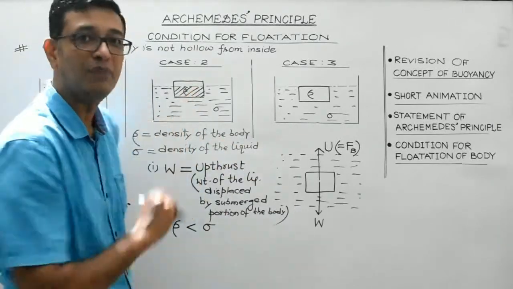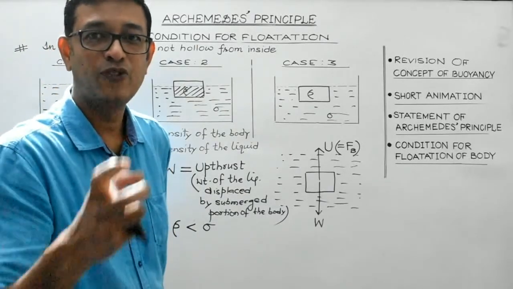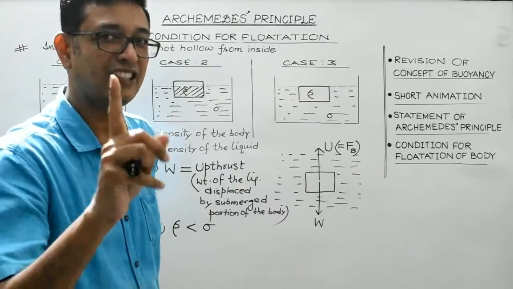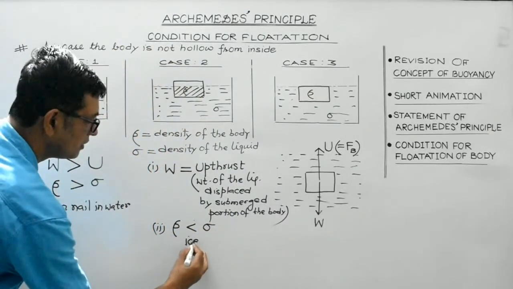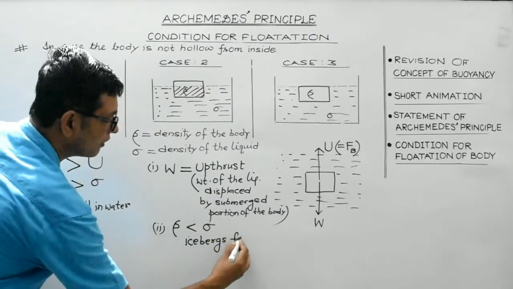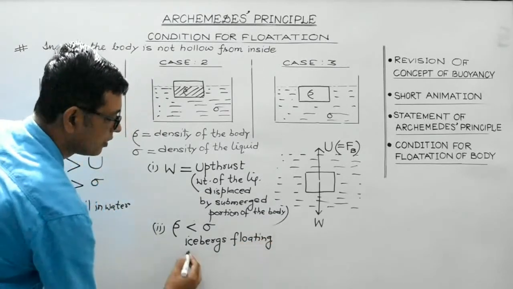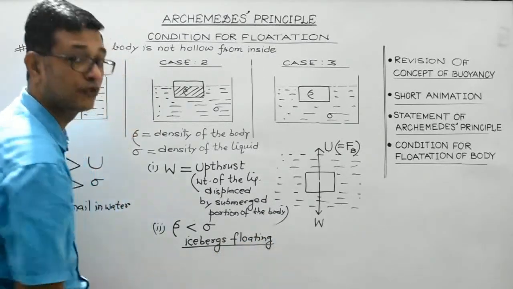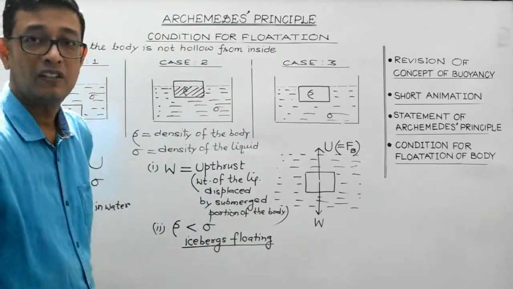Now what would be the example? Example is blocks of ice floating on water. That's an example. Right? So icebergs floating on sea or oceans. That's an example.